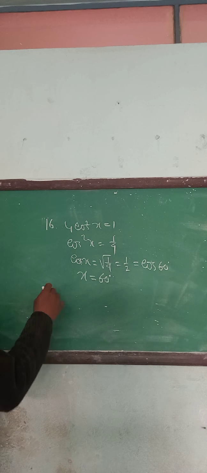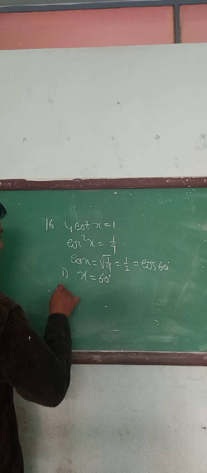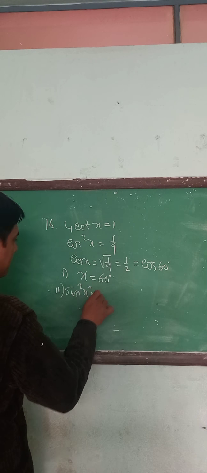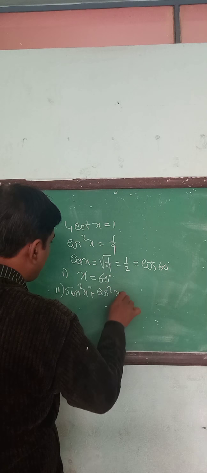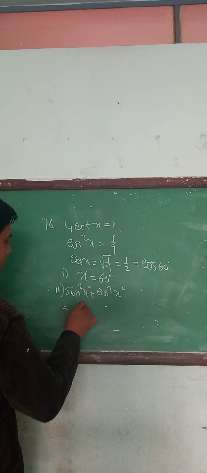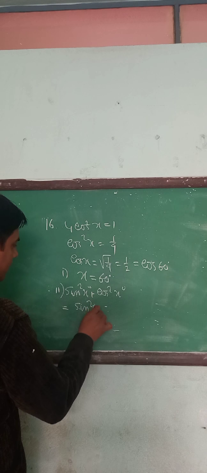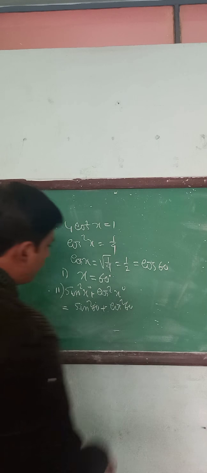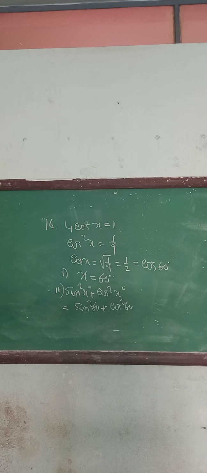Now the next question: sin square x degree plus cos square x degree. So sin square x means sin square 60 degree plus cos square 60 degree. You have to put the values.